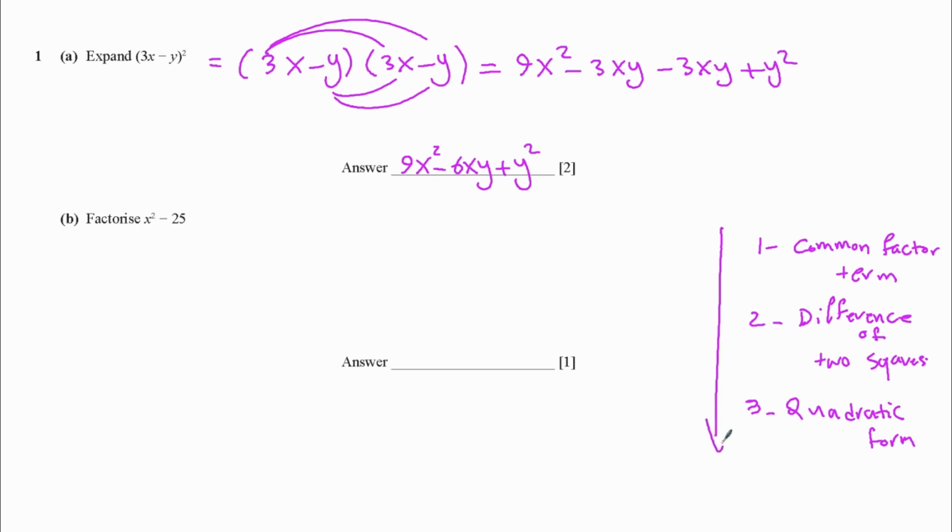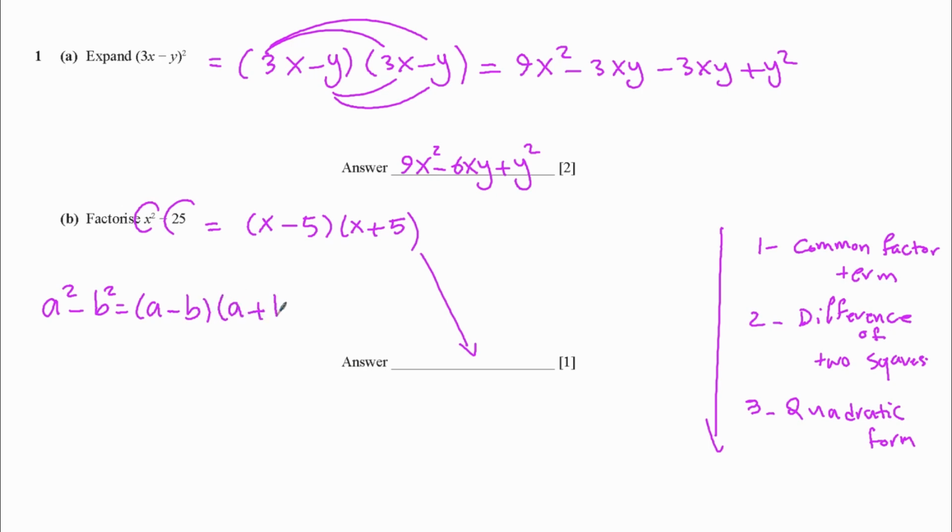So with this one, we don't have a common term between x squared and 25. So the next one is the difference of two squares. Is this a square? Yes, and that is a square too. So that is a difference of two squares. So the answer would be x minus 5 times x plus 5. And difference of two squares, just as a reminder, comes from a squared minus b squared equals a minus b times a plus b.